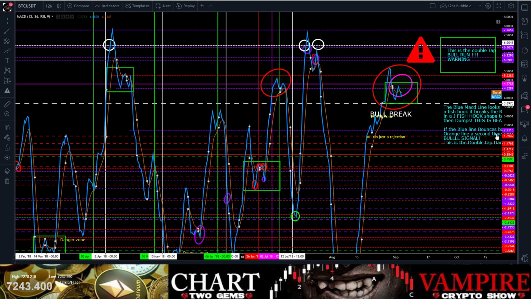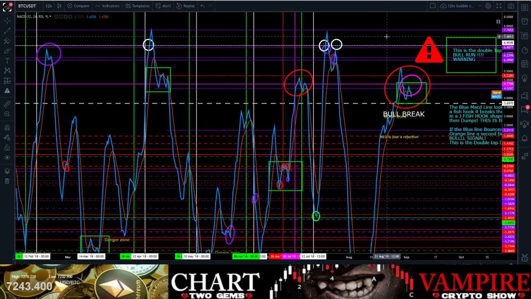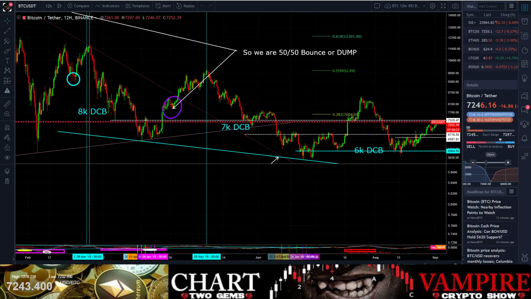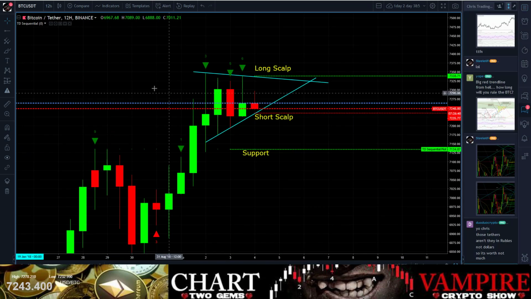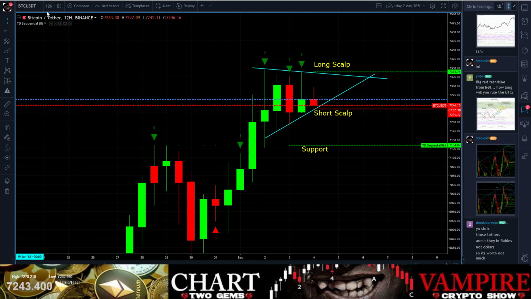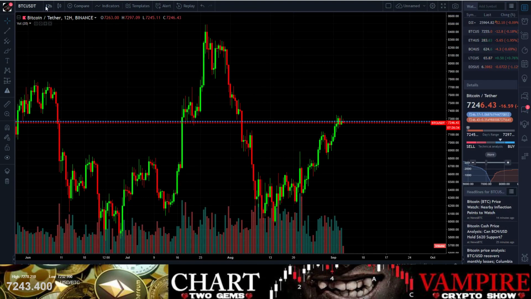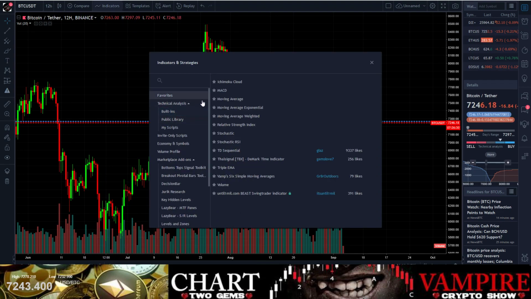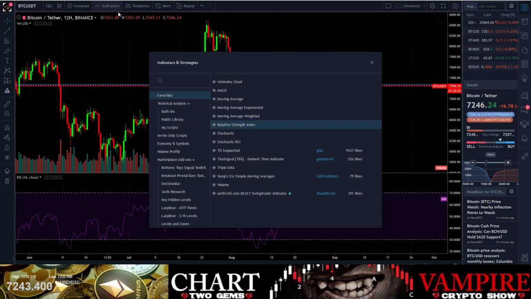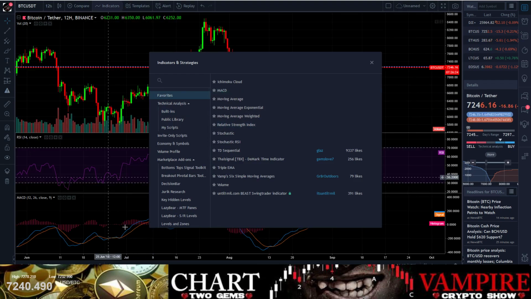This is a really easy pattern I want to show y'all. I'm going to do this on a brand new chart so that we can see it. Really simple. Here we go. You just go here, add RSI, add MACD.